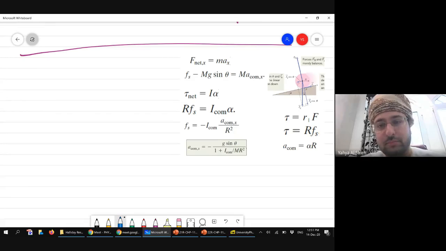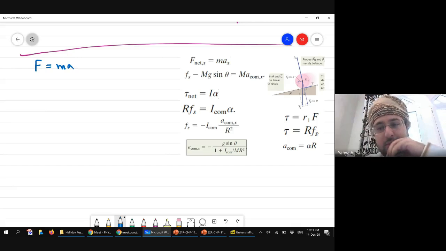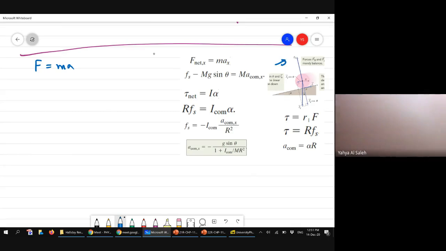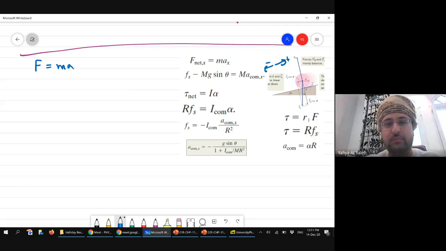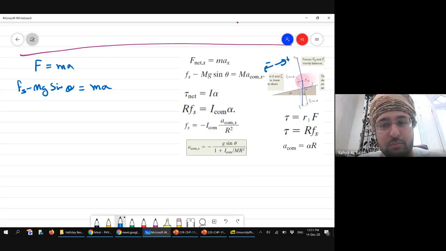F equals ma. I chose this direction to be positive, this direction to be negative, right? Good. Fs minus mg sine theta equals ma.